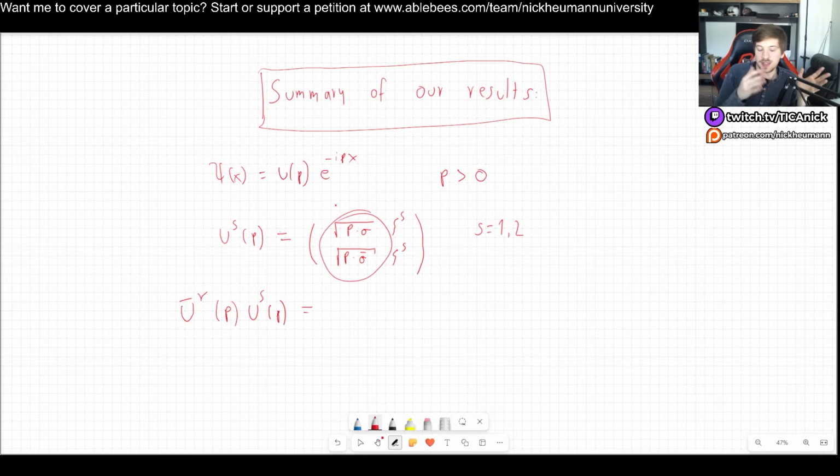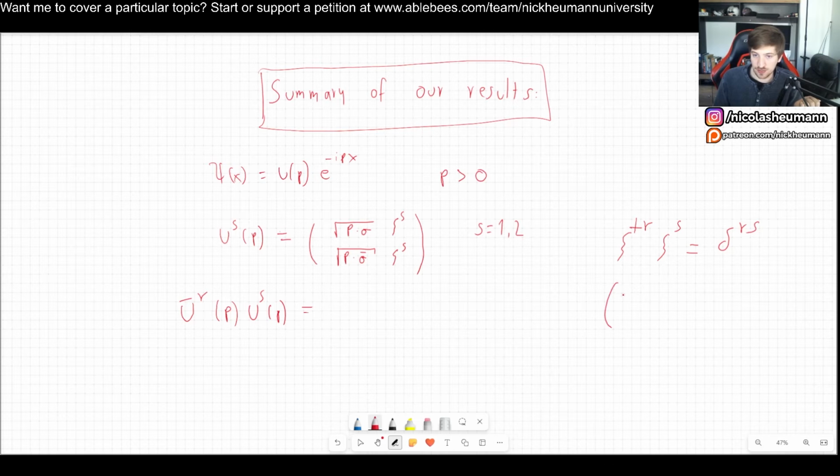We know what P dot sigma is, we can do the calculation, and we also know that if we multiply our, let's say, chi dagger R and chi S, these are going to be delta RS, right? They are 1 if they are the same and 0 if not.